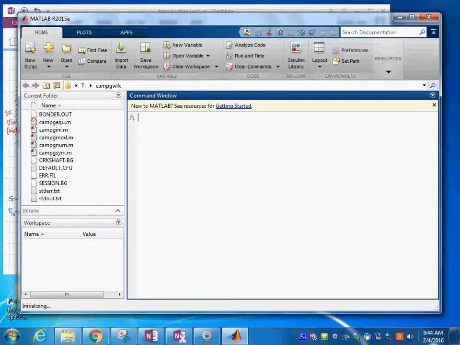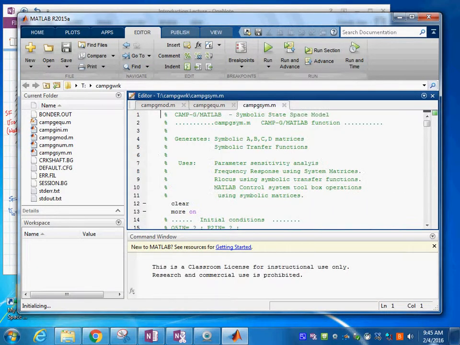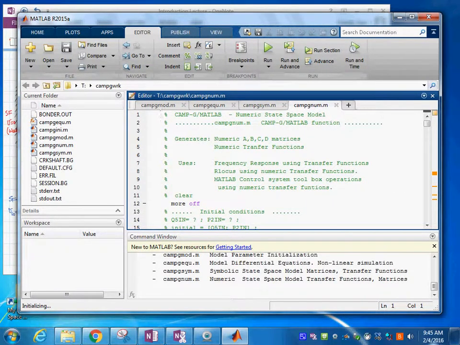So now MATLAB came up, and what we have is a set of M files that have the description of the model, and all those were computer generated in such a way that you don't have to be writing these equations by hand.